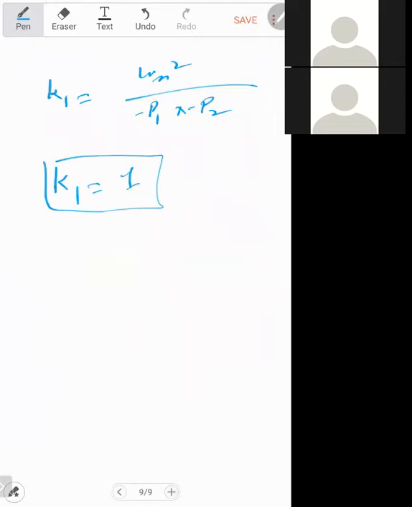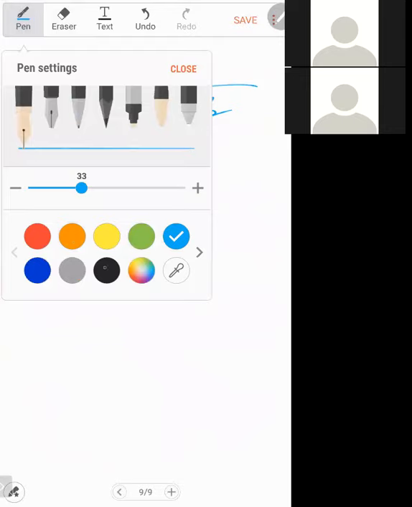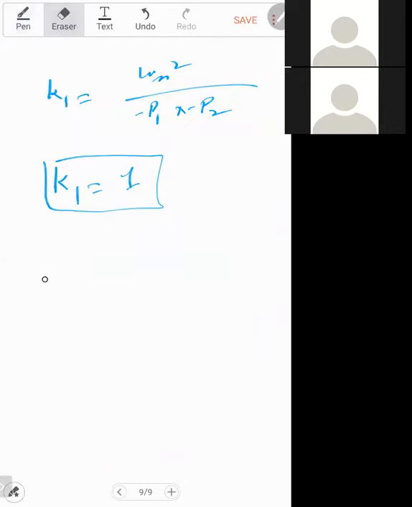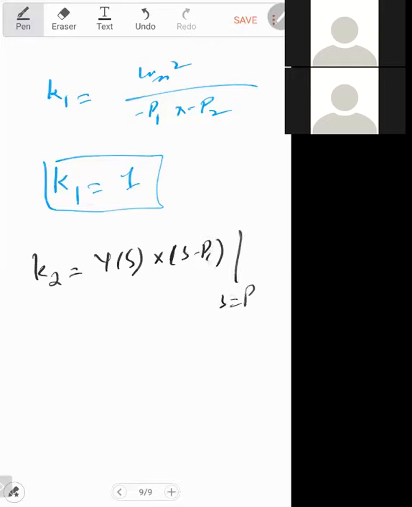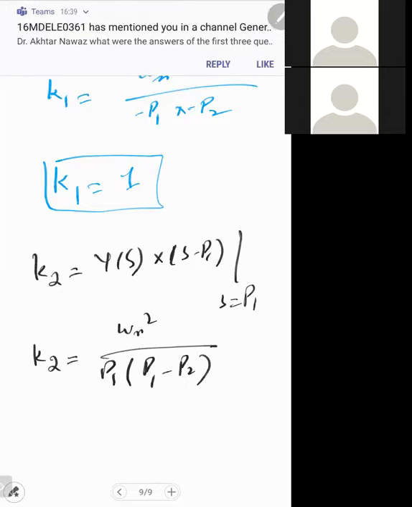In this case you will get K2 equal to y of s multiplied by s minus P1, such that s is equal to P1. When you simplify this, you will get K2 equal to omega n square divided by P1 multiplied by P1 minus P2, which are poles, and we already know the values of P1 and P2.